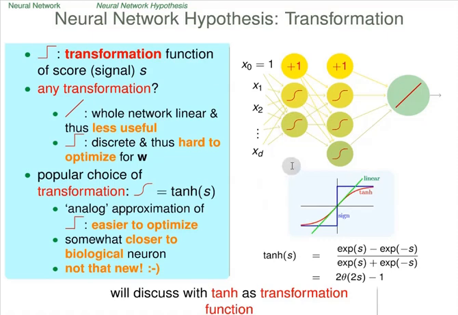These types of networks that employ hyperbolic tangent or sigmoid functions are called sigmoidal neural networks. Just as we could use the weights learned from linear regression for classification, we can use the weights learned using a sigmoidal neural network with tangent activation function for classification.